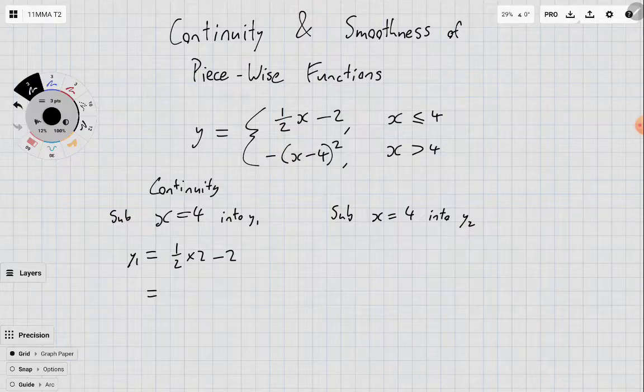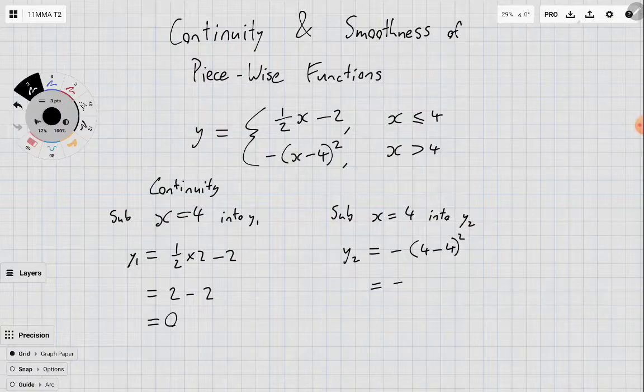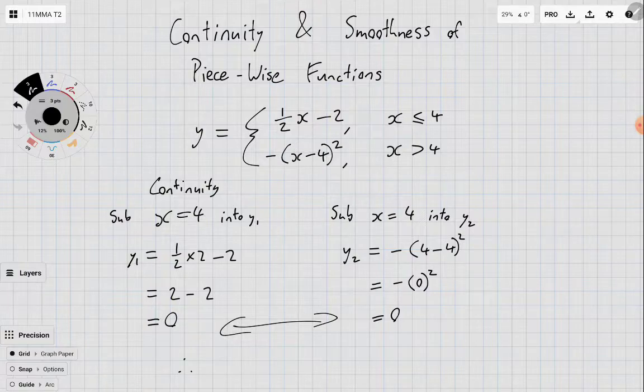A half times 4 is 2. 2 minus 2 is 0. And for y2, it would be equal to negative 4 minus 4 squared, which is negative 0 squared, which is just 0. So you can see that they do in fact match. Therefore, it is continuous.